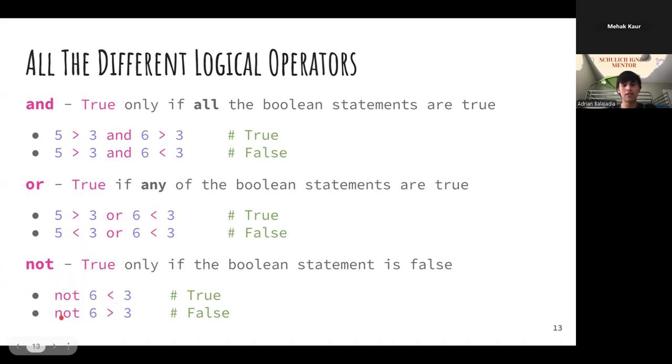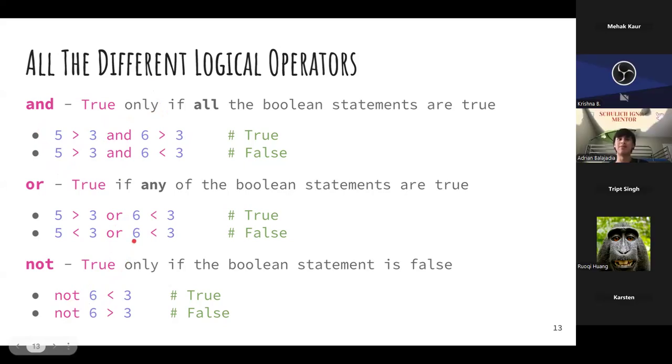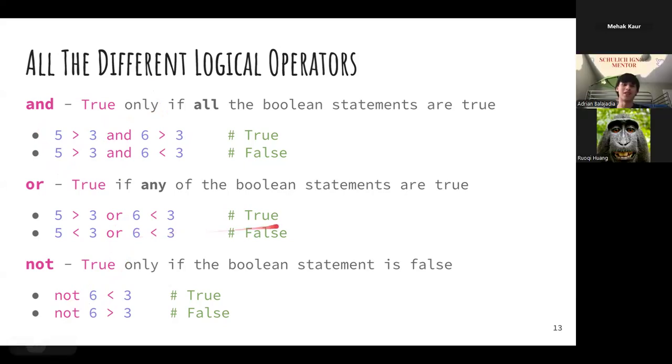But if we're saying not, is the statement 6 greater than 3 false? That's what we're asking in this statement down here. Although there's a bit of jargon going around, I apologize for that. But you could see that by combining and, or, not, you can make your code a bit more intelligent in that sense.